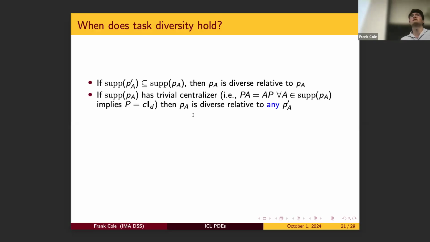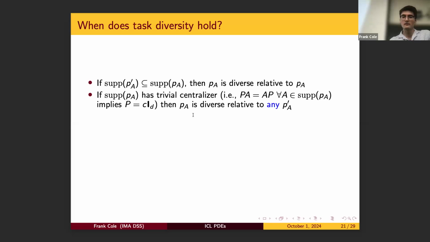And because we're doing linear attention, this diversity condition is fairly tractable in terms of linear algebra. It corresponds to an inclusion of centralizers, the sets of matrices which commute with all the matrices in the support of the task distribution.